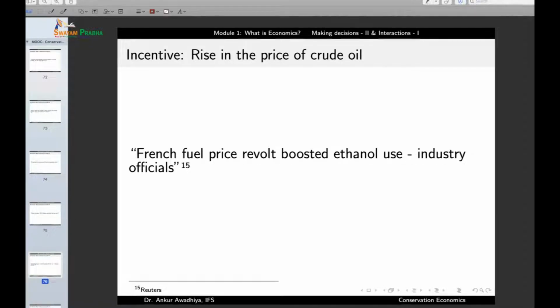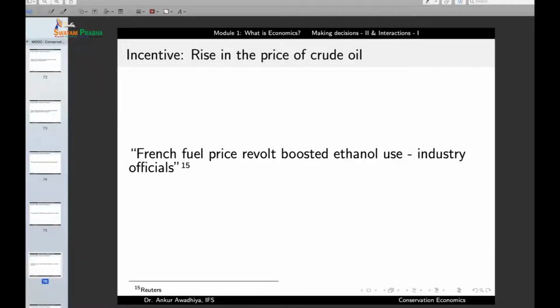Another impact is French fuel price revolt boosted ethanol use, say industry officials. Now, what we are seeing here is that when the price of crude oil is going up, the price of petrol and diesel are going up. So now people are shifting towards alternatives. Now, one such good alternative is blended petrol.